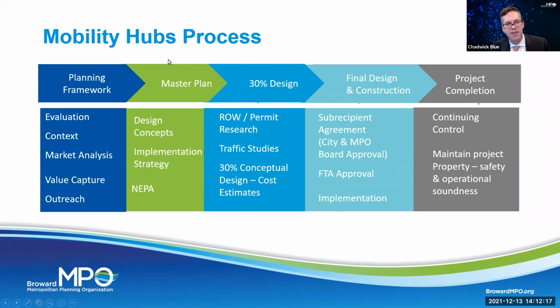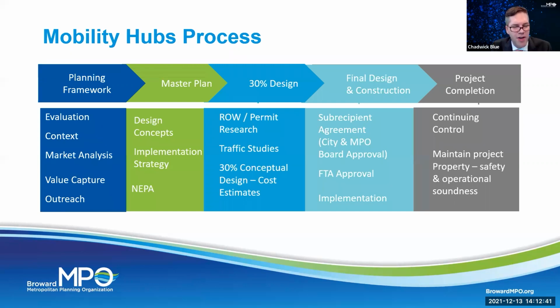And what that entails is an evaluation of existing transportation infrastructure. There's a context analysis. Many times there's a market analysis. It doesn't always have to be the case, but we find that many of our municipalities really want a market analysis done as well to understand what exactly the market around the Mobility Hub can support.